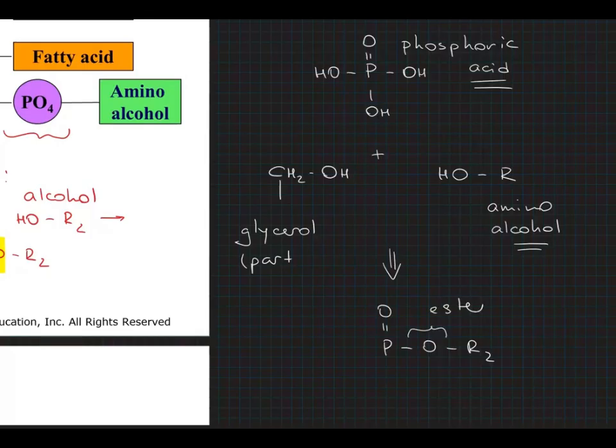Does it make sense? Because it's acid plus alcohol. Glycerol is an alcohol as well, so it also gives you an ester bond.